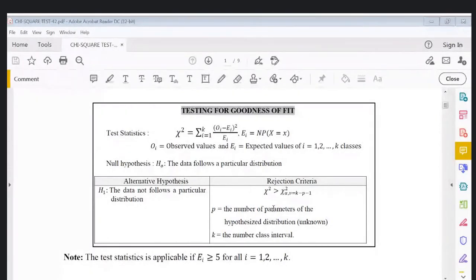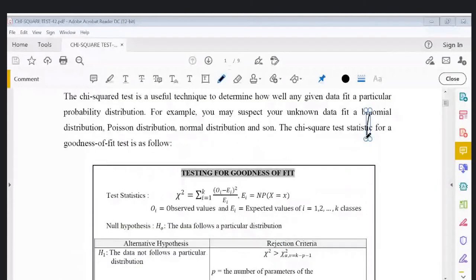I already taught you the parameters. For example, binomial: we write X follows binomial with N and P, so for binomial we have just one parameter.